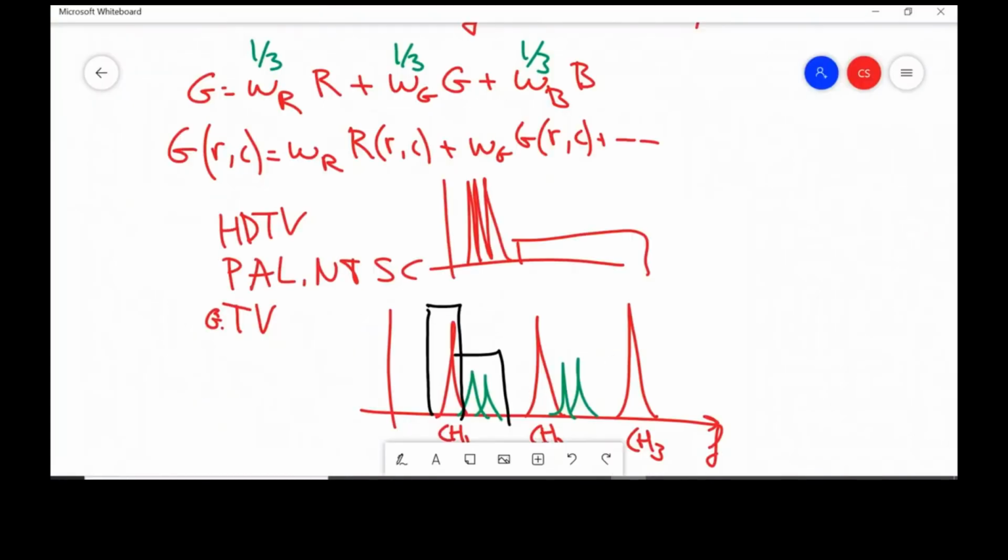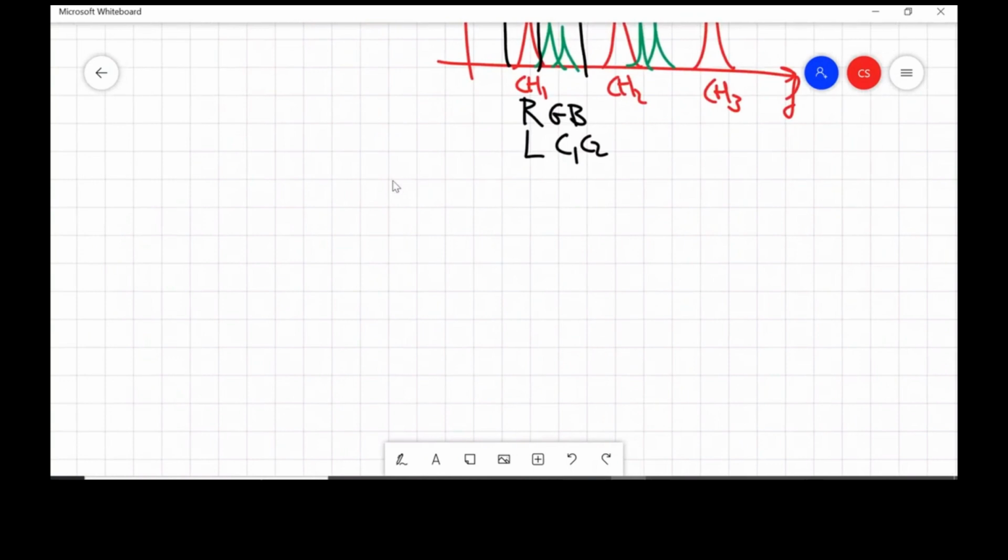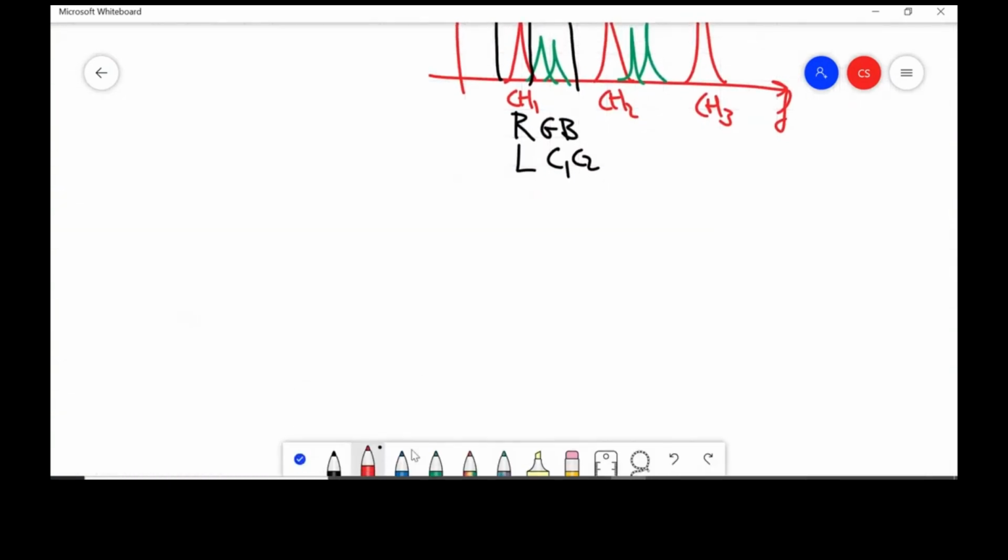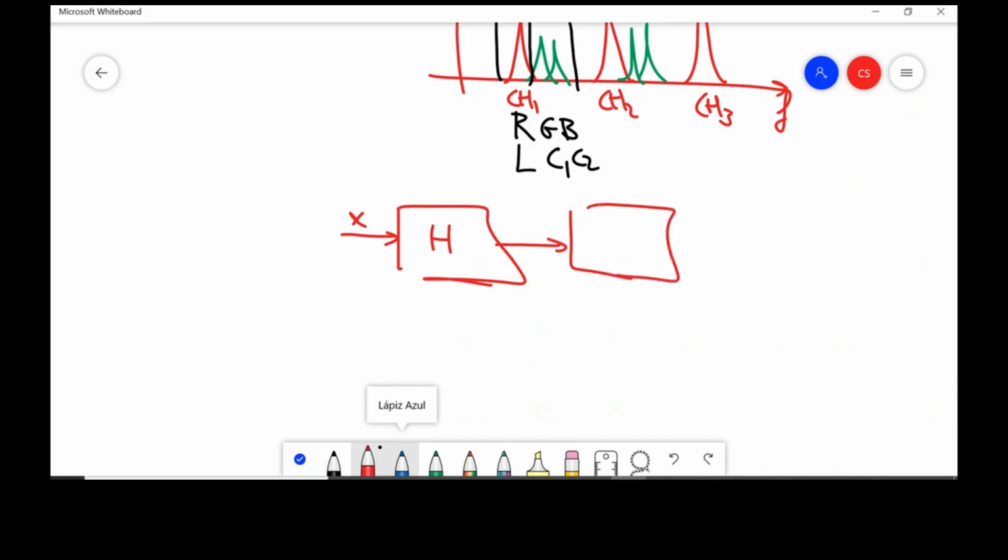Okay, so you are all familiar with linear systems. Let's say I have a signal X. I will not specify if it is an image or a one-dimensional signal or whatever. It goes to a system H, then it goes to a system G, and then produces Y. For linear systems, one of the properties is that I can reverse the order of the operators, right?